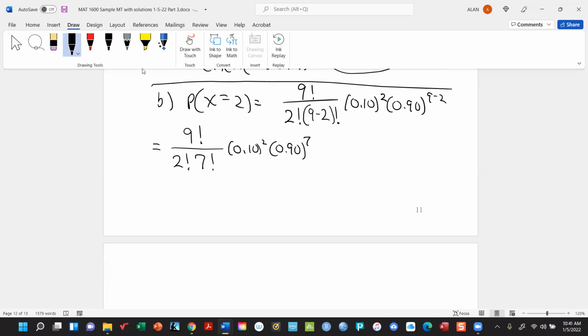Now, if you throw this into your calculator, though, you'll see that it reduces to 36. Okay, now let's do a little side note here.